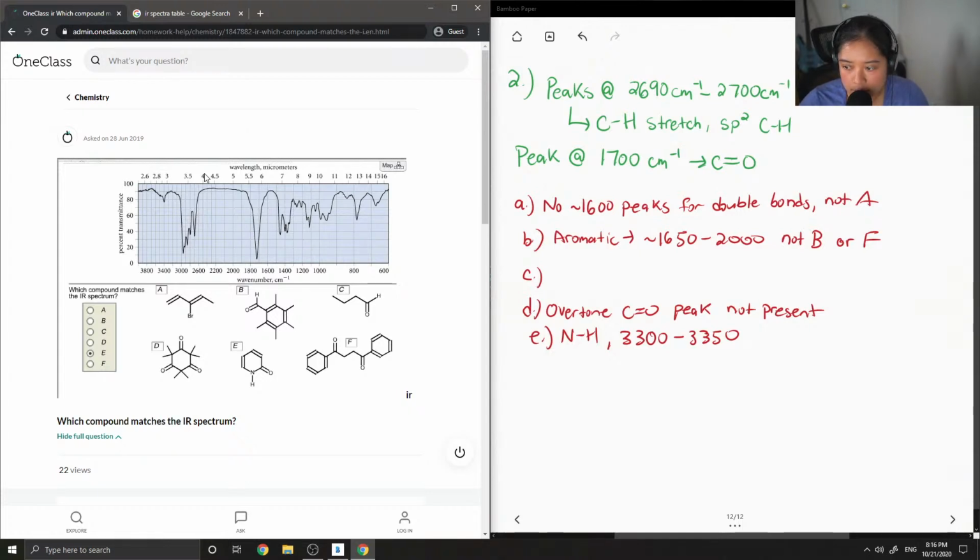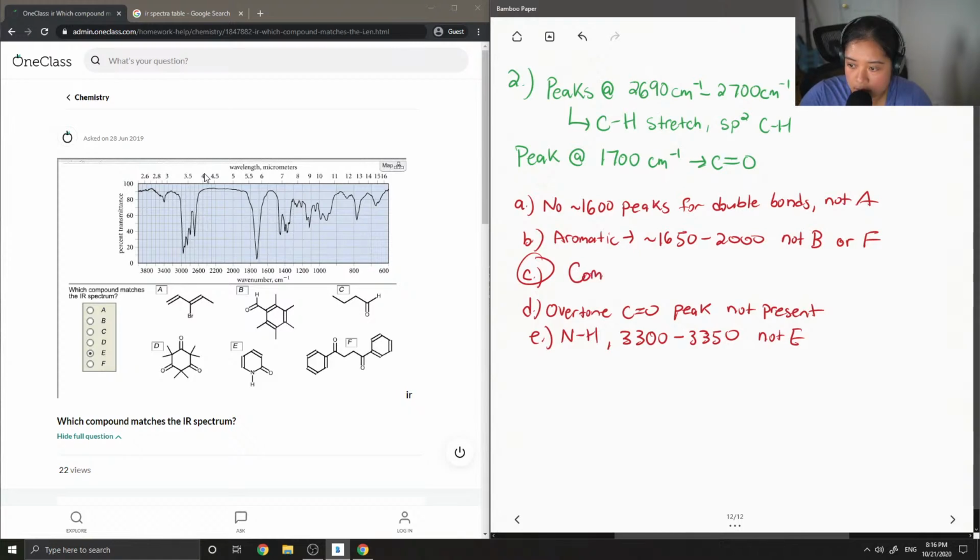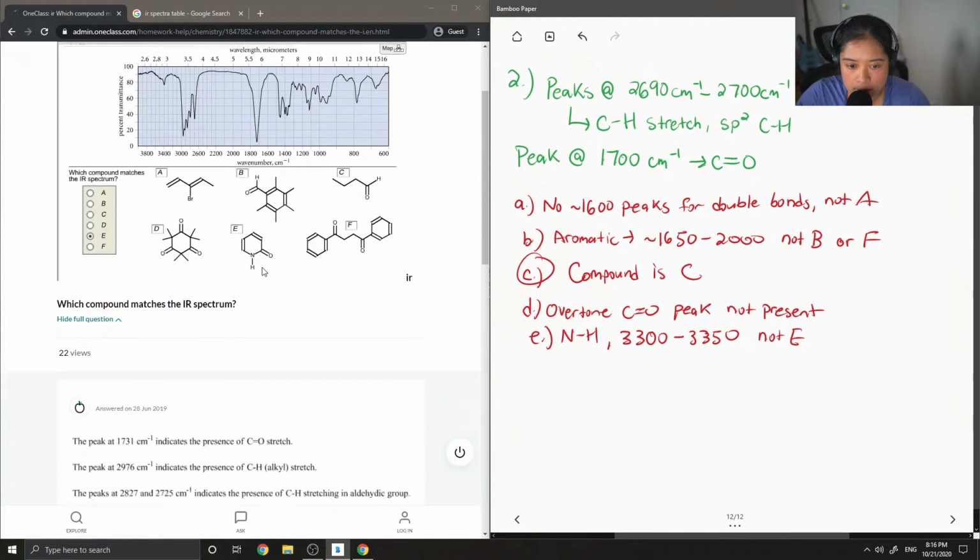So let's look, and you'll see that there is no peak present. So therefore, it is not E as well. Yep, so the compound is C. So let's look at the answer.